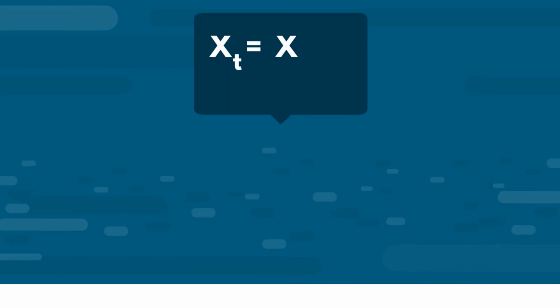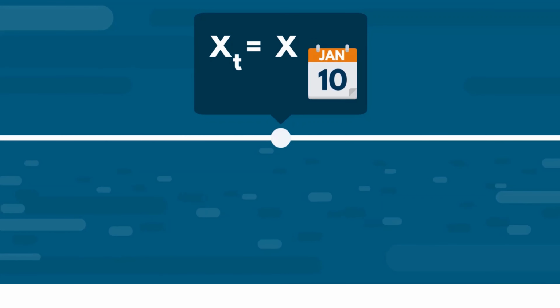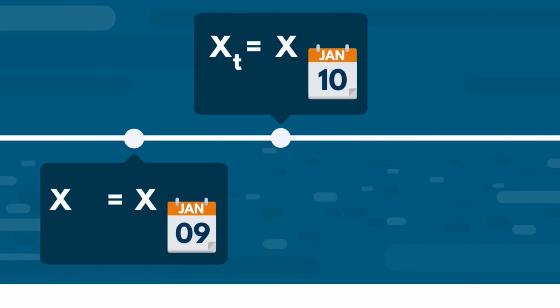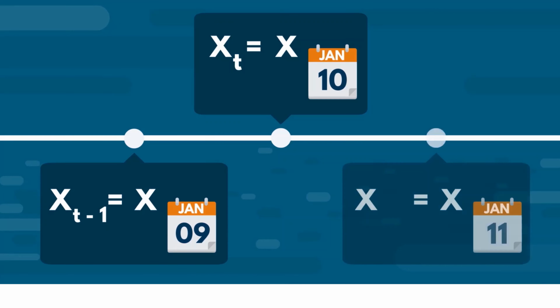Alternatively, we could simply write the precise date, time, or year as a subscript. Since t represents the order of the period we are interested in, we express the previous period as t minus 1. Similarly, we can express the next period as t plus 1. This notation will be extremely helpful when we try to model time series data to make predictions about the future.